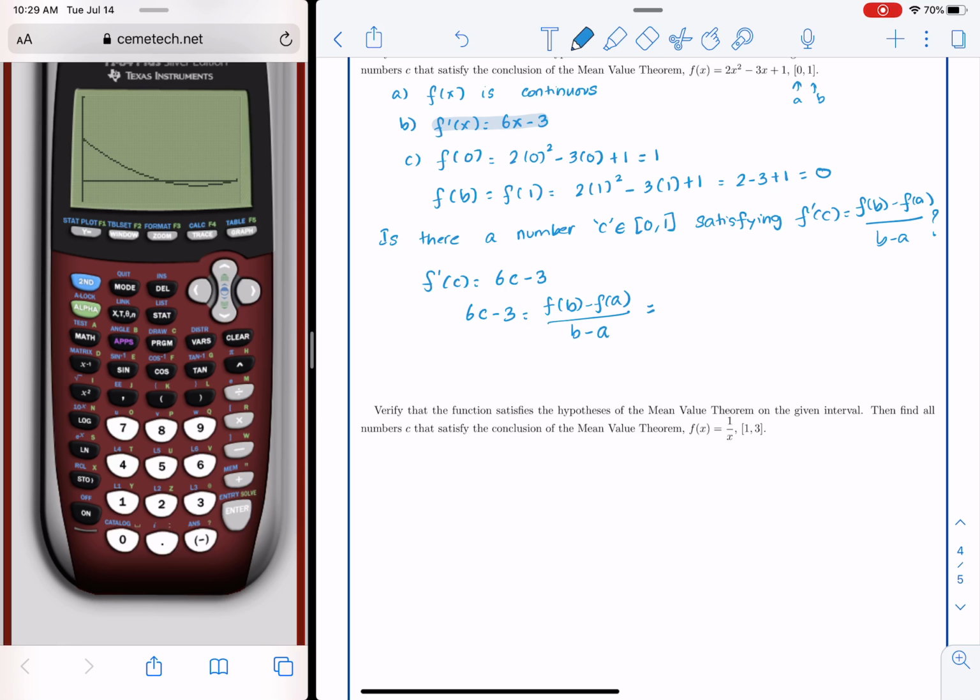F of b is 0, f of a is 1, b is 1, a is 0, which would give me negative 1.